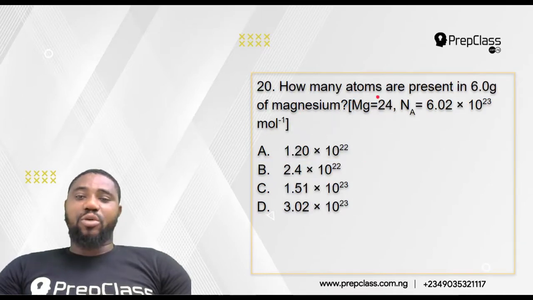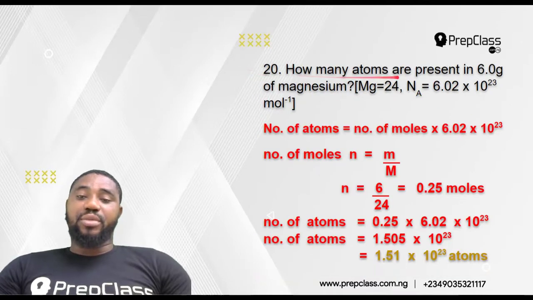20. How many atoms are present in 6 grams of magnesium? Magnesium is 24. Number of atoms is 6.02 times 10 to the power 23. The formula is number of atoms equals number of moles times Avogadro's constant.